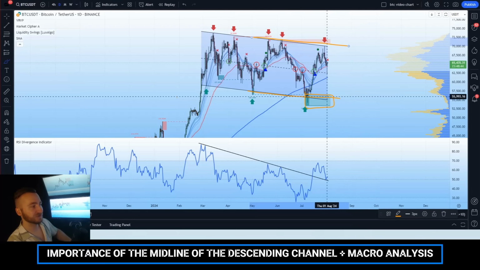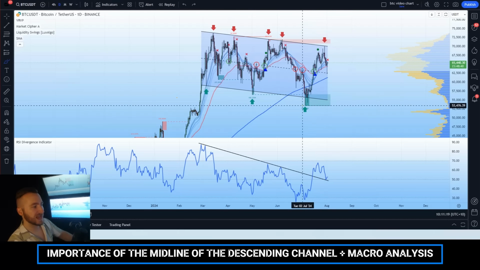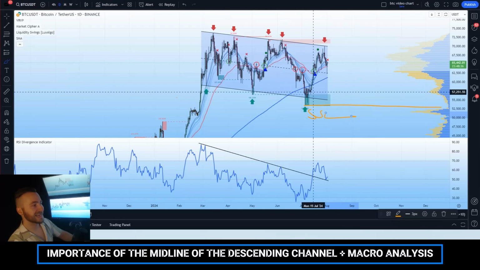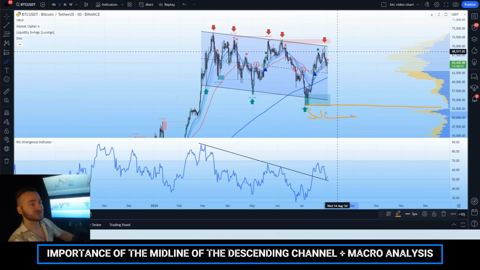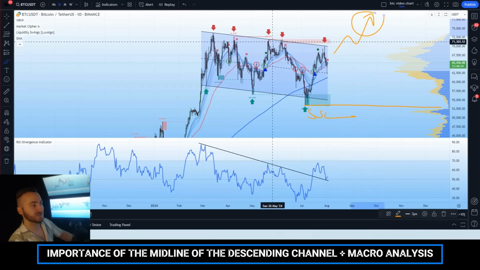Mind you, the loss of this level, particularly the loss of 52,500, which is our sell side liquidity, would invalidate the expected macro directional breakout eventually of the channel, okay?